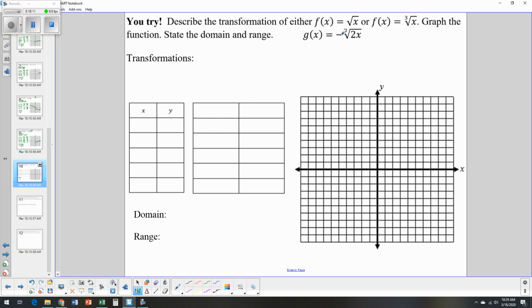All right, so if you're ready to check, the negative on the outside is what tells us we have a reflection in the x-axis. The 2 on the inside is a horizontal, and it's 1/2 really, so that's a shrink of 1/2.